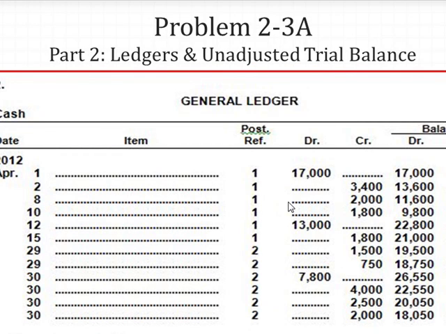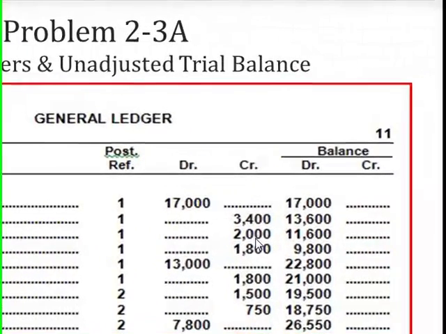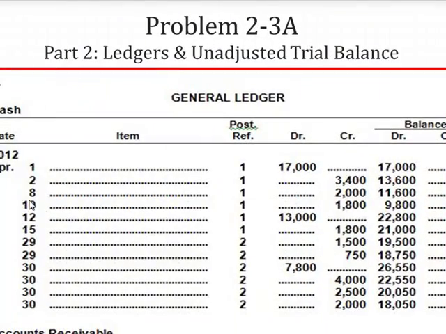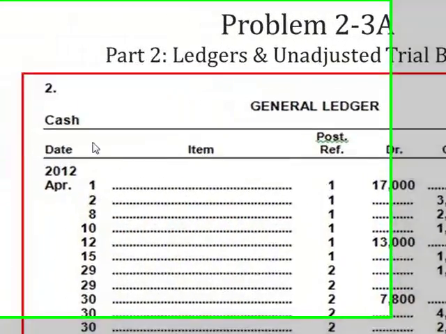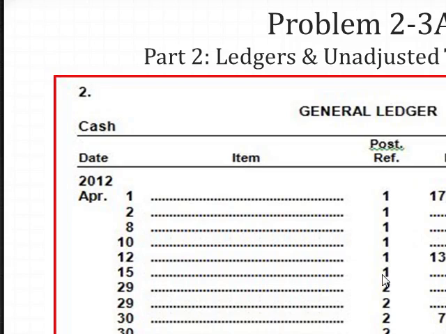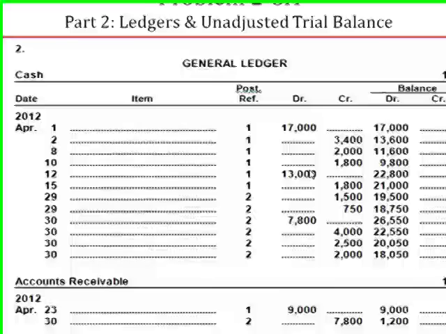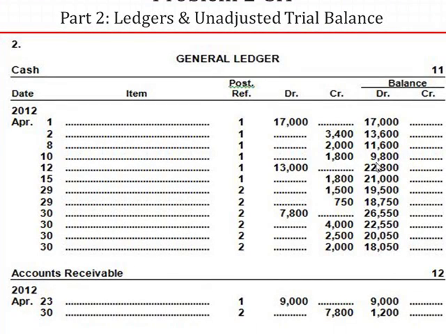On April 8th, on journal page 1, we credited the cash account for $2,000, bringing the balance to $11,600. And for every journal entry that references cash, we will record that line from the journal entry in this ledger, recording the journal entry, debit and credit, and then showing the running balance for this particular account. So at the end of April, cash had a balance of $18,050.